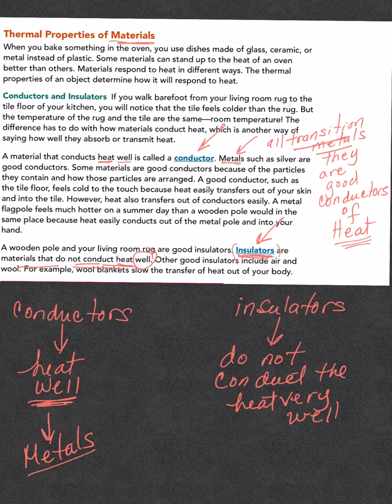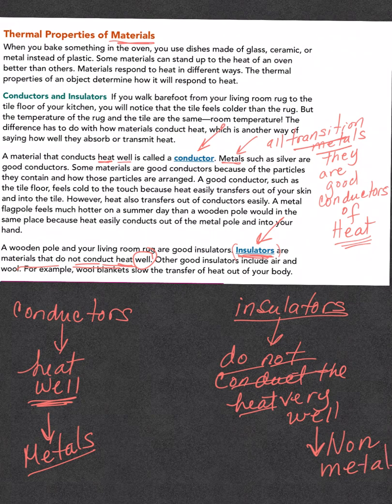Transition metals especially, on the periodic table, are good conductors of the heat because of the position of the molecules. They are solid, okay? Insulators do not conduct the heat well, okay? Some of them do, but not very well. They're not going to heat up faster. They're not going to cool down faster. So, insulators do not conduct heat very well, and non-metals.